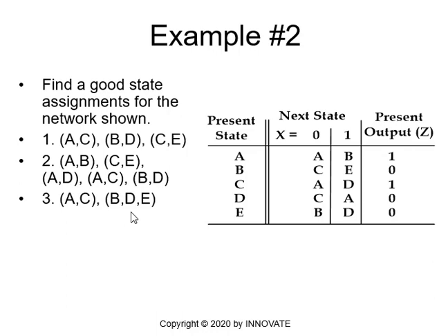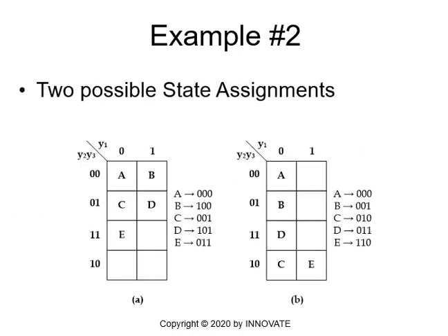Now I will have more room for trial and error to get a better match for those states. I will have Y1, Y2, Y3, because we need 3 flip-flops; this is a 5-state machine. We will choose state A as 0, 0, 0, because this is the reset state.